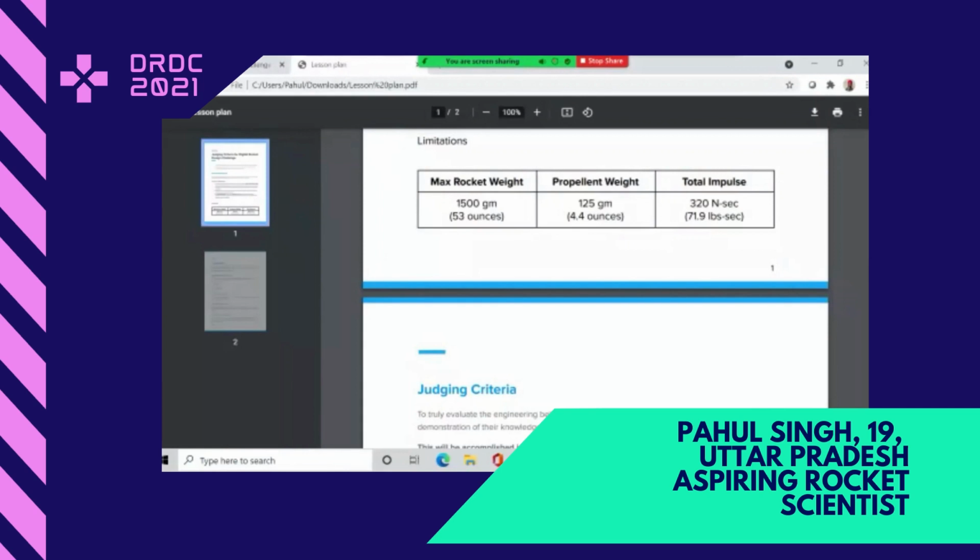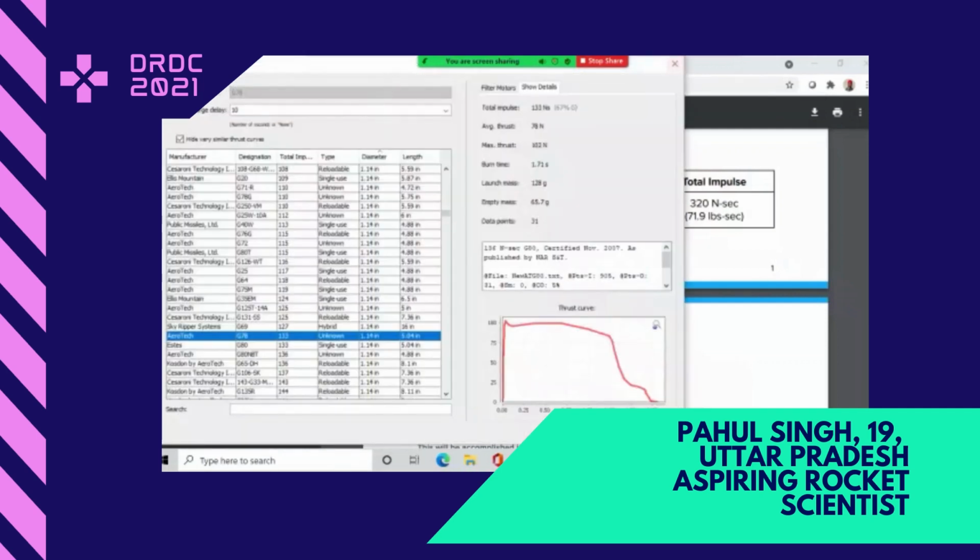And the max rocket weight had to be 1500 grams, and here it is 886 grams.